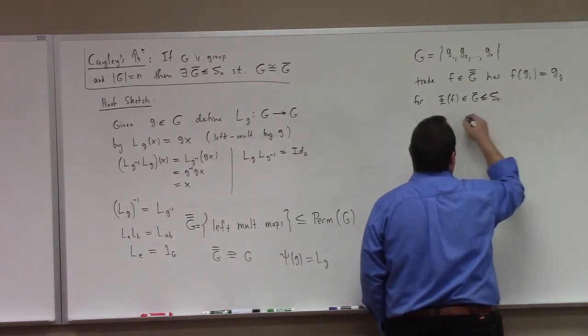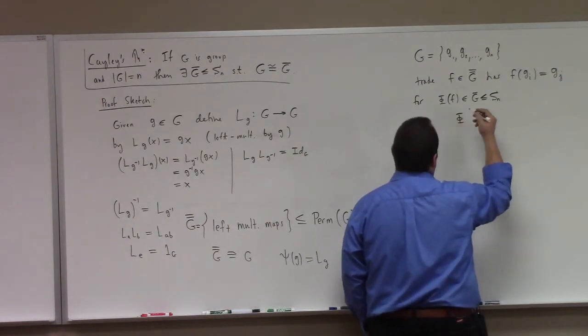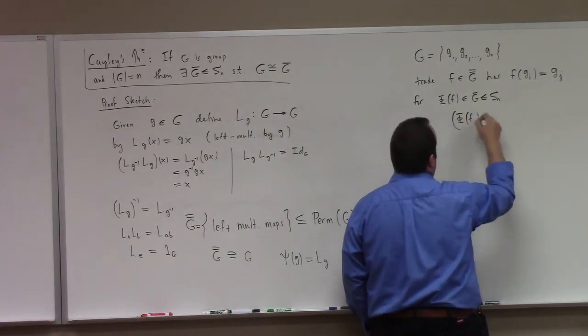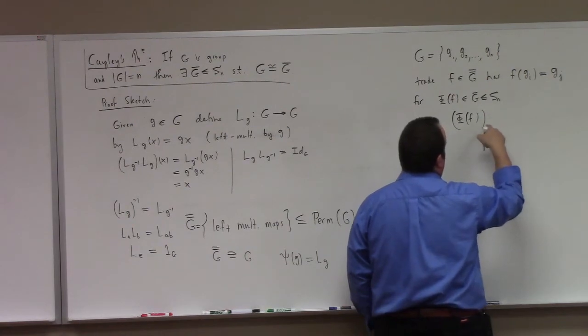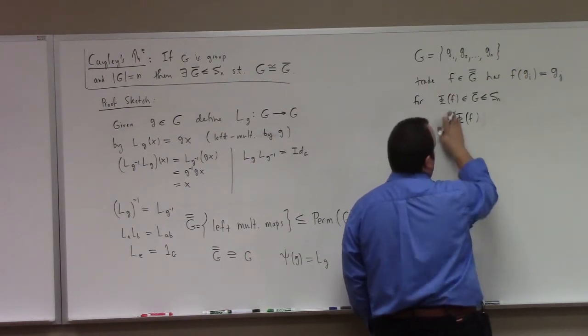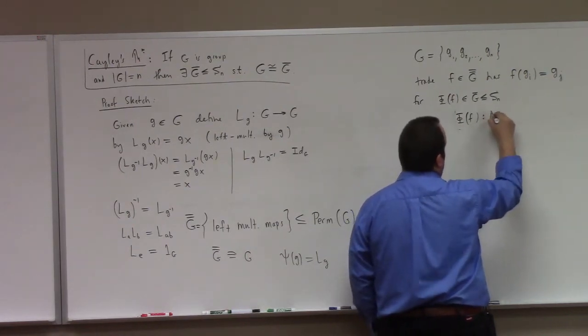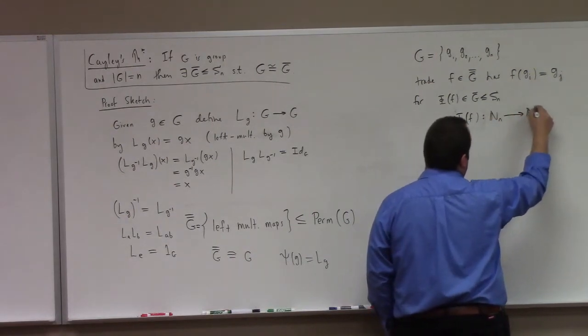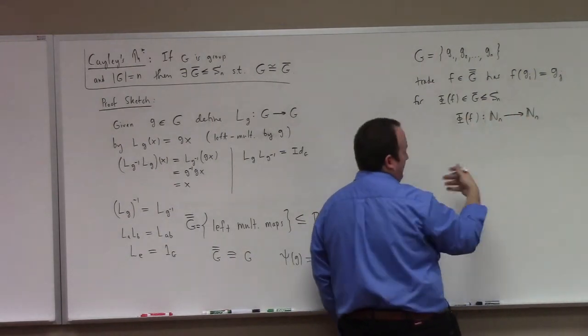How's phi bar of... excuse me, phi of F. This is going to be a permutation, a mapping from n sub n to n sub n again, right? Because it's a permutation, it's one of these Sn's.